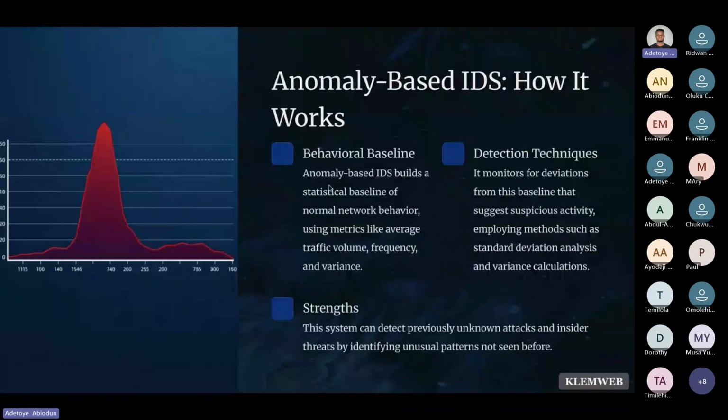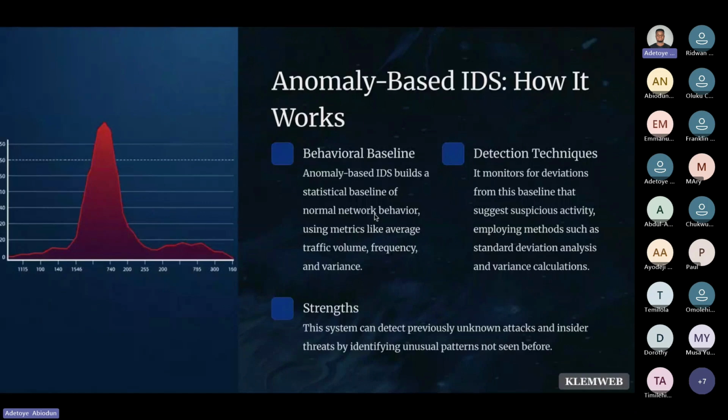So the anomaly-based IDS. So these are it. Behavioral baseline: you build a statistical baseline of normal network behavior using metrics like average traffic volume, frequency, and variance. So this is kind of mathematical as well.